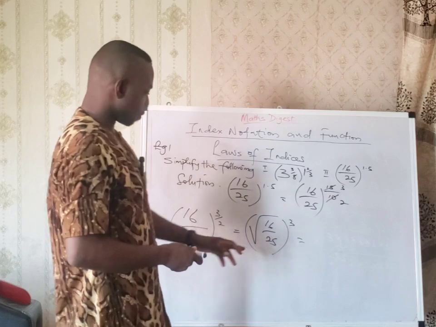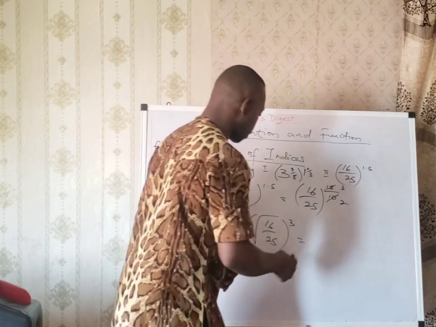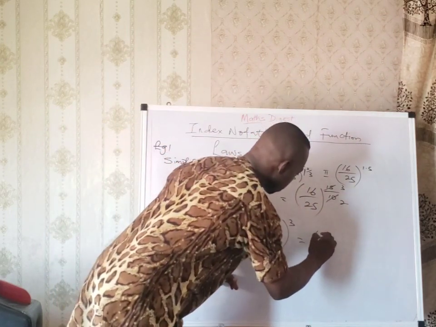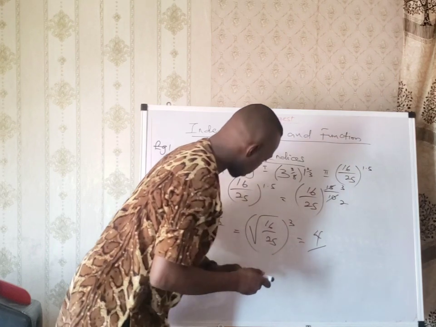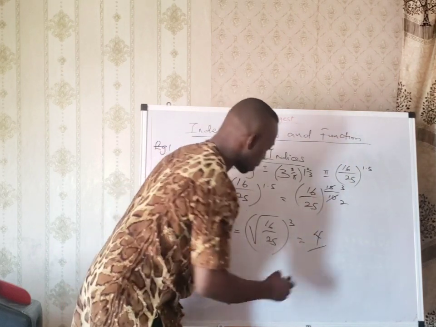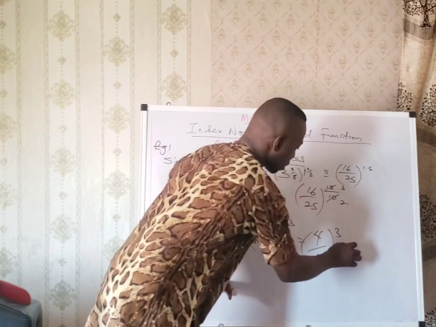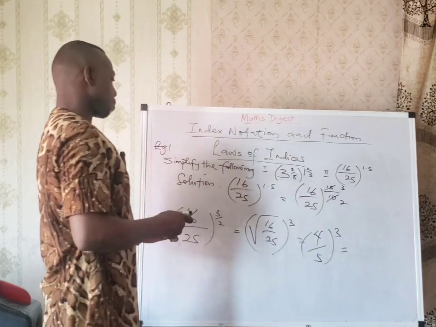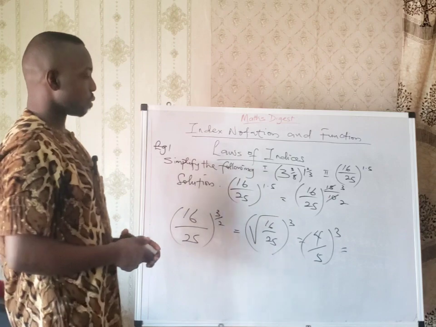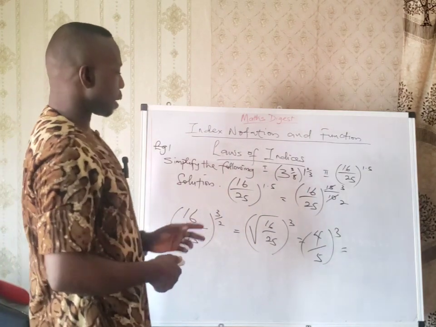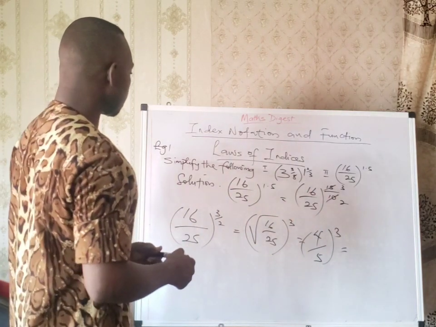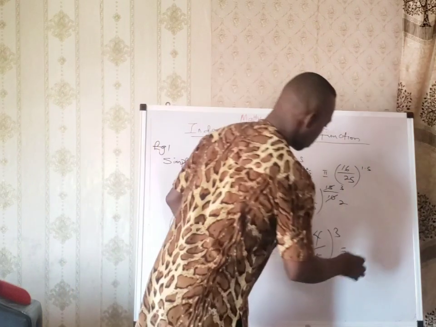So quickly we have square root of 16 will give you 4 over square root of 25 will give you 5, all raised to power 3. Now quickly we have 4 times 4 will give you 16. 16 times 4 will give you 64.